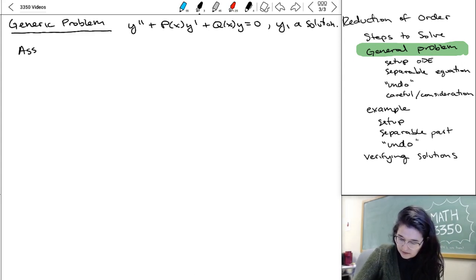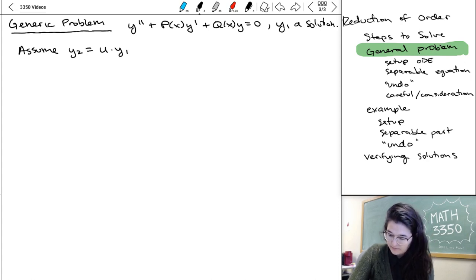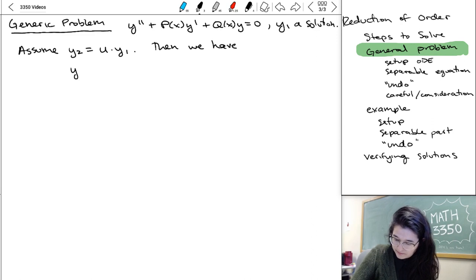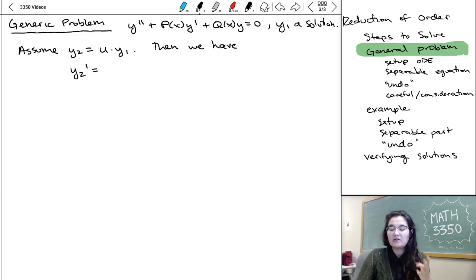So we'll assume y2 is equal to some function u that can depend on x times y1. Then we can go ahead and take the derivatives. y2 prime, and since u and y1 are functions of x, when I take their derivatives, I have to remember that I note their derivatives.